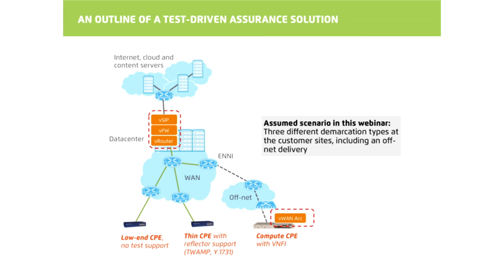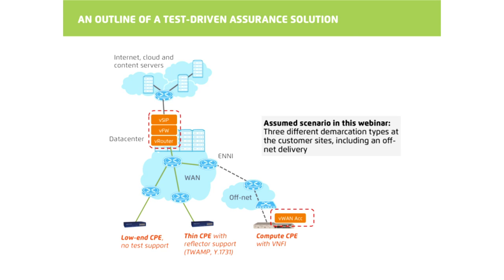In this overall example, we assume that a virtualized WAN accelerator resides on the CPE, and we also have a bunch of virtualized functions residing in the data center: the virtual PE or virtual router, the virtual firewall, and a virtual SIP gateway as well. We also included an off-net delivery here.